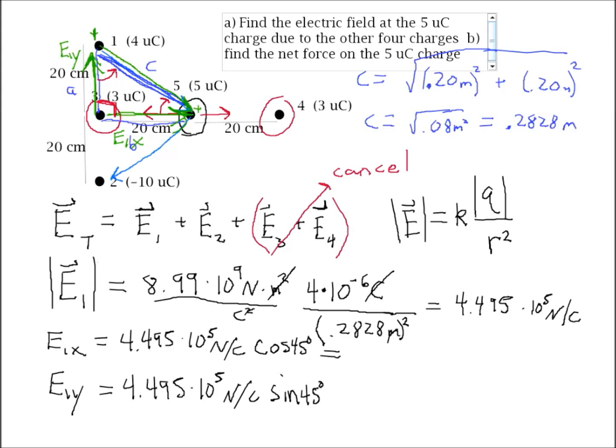Sine 45 degrees and cosine 45 degrees happen to be equal to each other. So both the x component and the y component turn out to be 3.178 times 10 to the 5 newtons per coulomb.